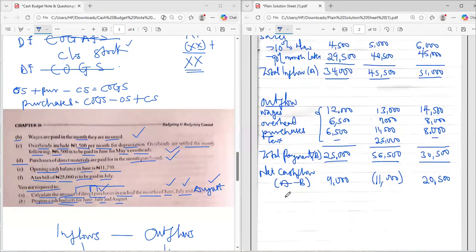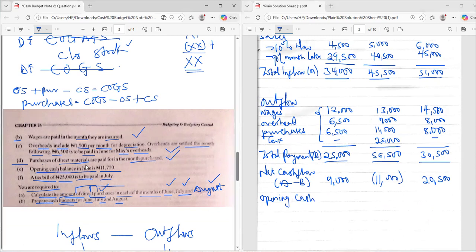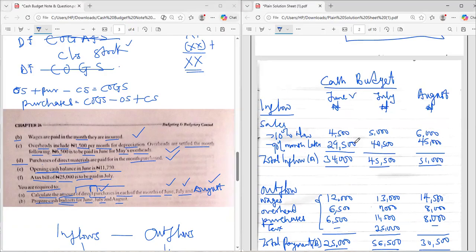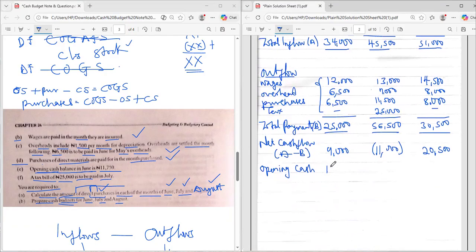So when we get our net cash flow, you will now see your opening cash, because the idea is that you want to get your closing cash balance. They told us that our opening cash balance in June is 11,750. So if we have 11,750 as opening cash and a positive 9,000, add up together.